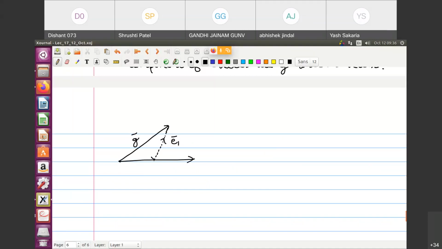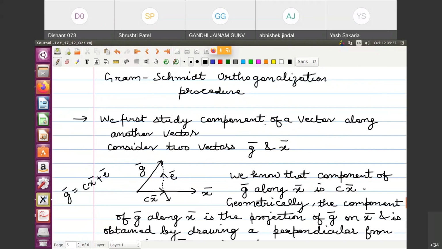And this is, suppose, your C1 X vector, and this is your X. And another possibility is this. E2 vector. This is G vector. This is C2 X vector. So this is possibility 2, this is possibility 3, and this is possibility 1.